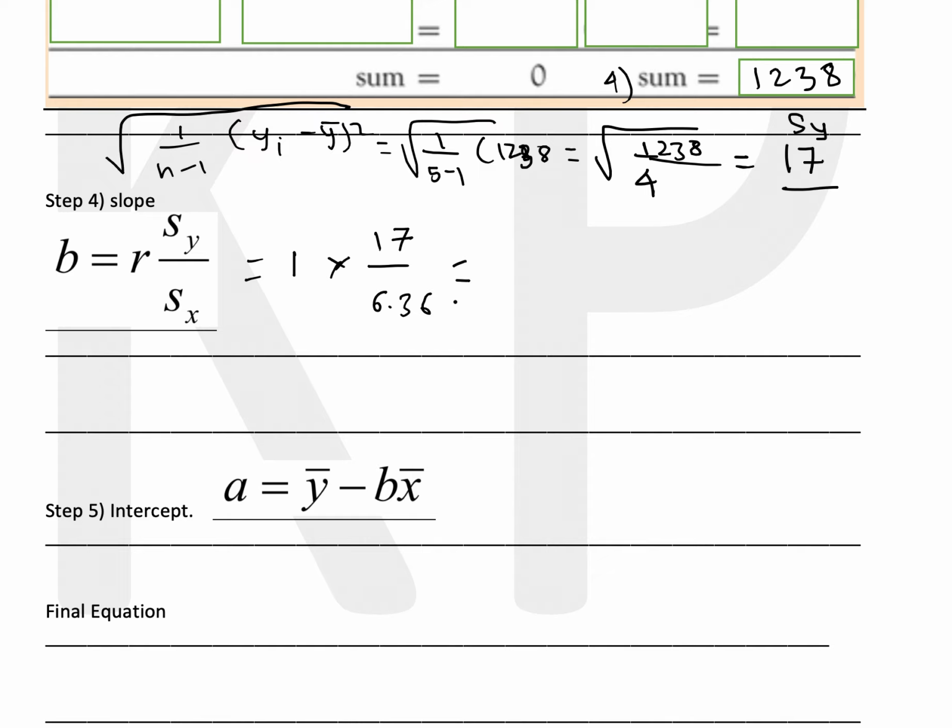And that should be somewhere around 2.66. So that is now your b, slope, right?